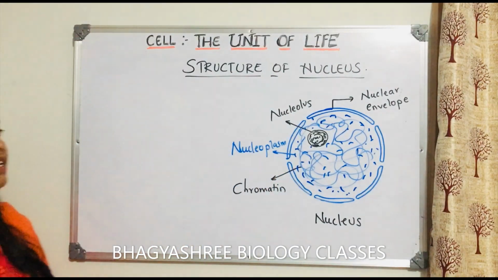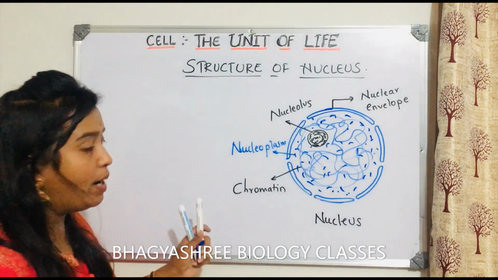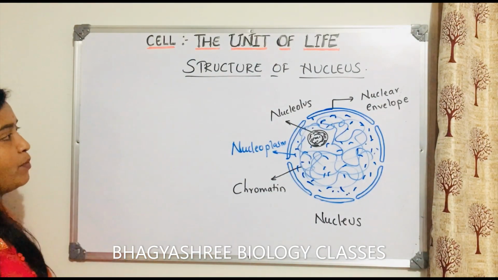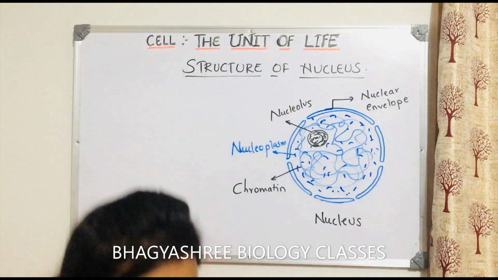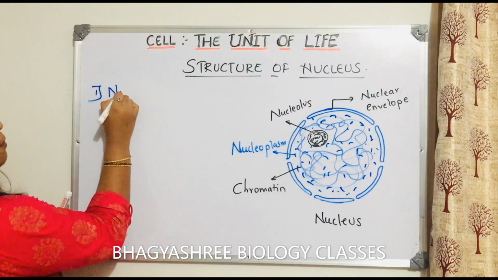So all these things are very important to study the nucleus, and we need to see them in detail. One by one I'll be writing here and then explaining. First, we will study the nuclear envelope.